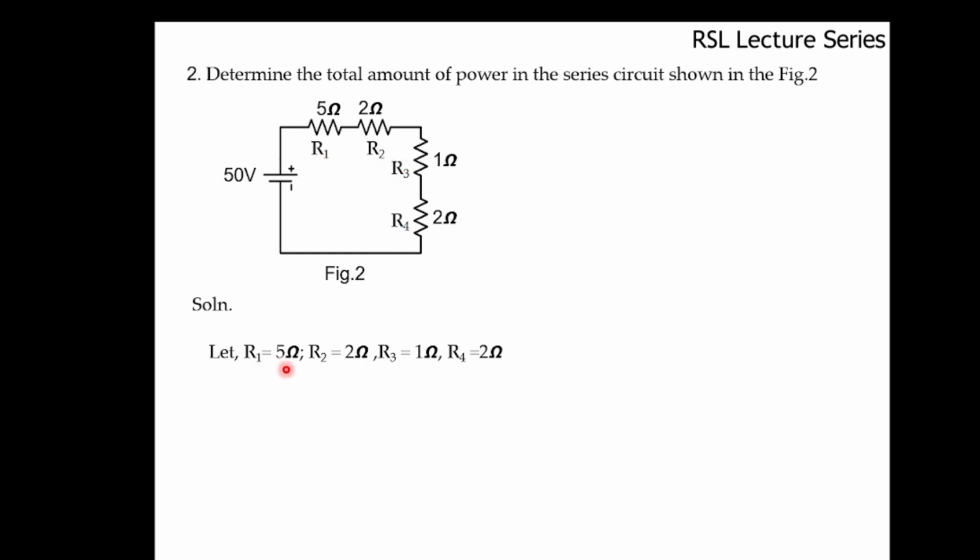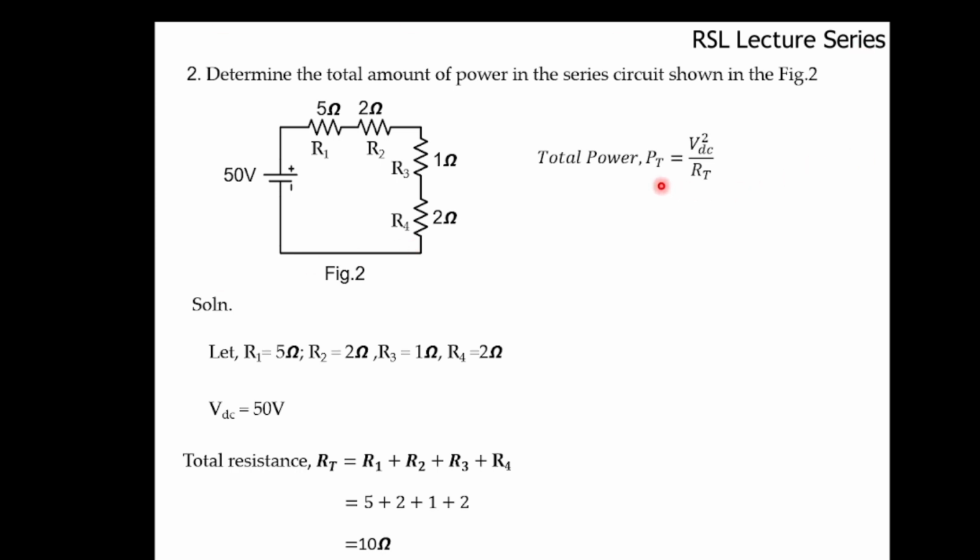R1 is 5 ohms, R2 is 2, R3 is 1 and R4 again 2 ohms. VDC is equal to 50. Now we find the total resistance RT, R1 plus R2 plus R3 plus R4. By adding 5 plus 2 plus 1 plus 2 we get 10 ohms. This is the total or equivalent resistance of this series circuit.